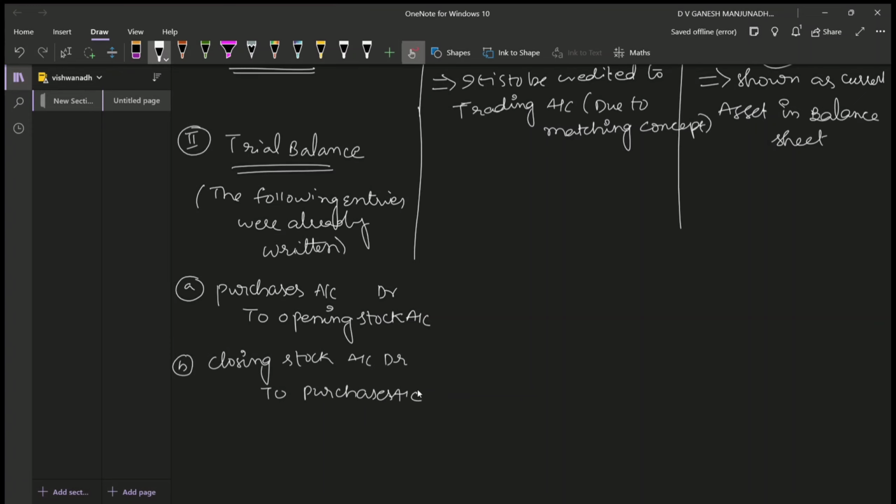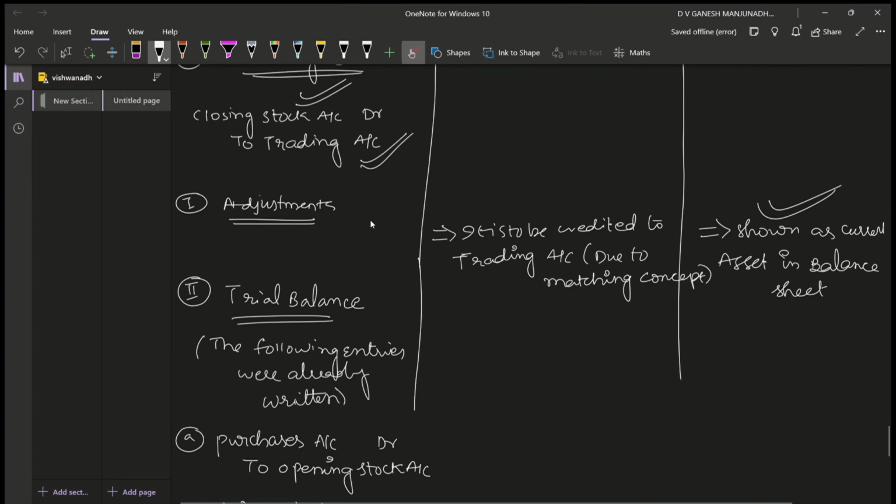Simply what we can say here is either if we credit to trading account or if we deduct from the purchases, that entry would be same.